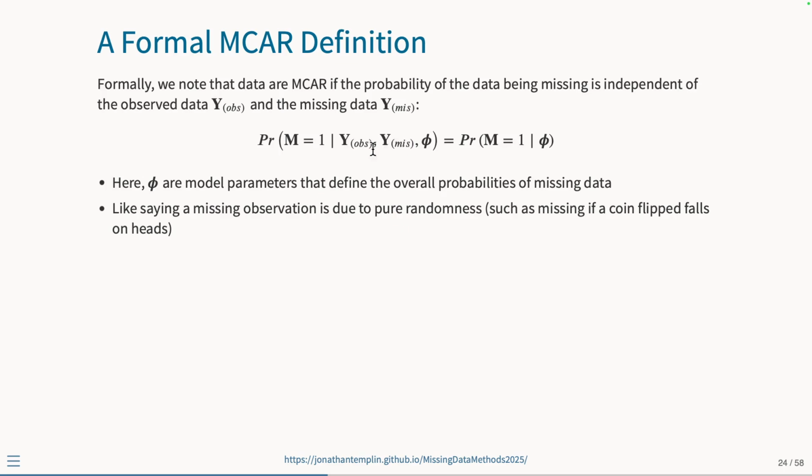Or another way of putting it, we could say they're not involved in prediction at all. The only thing that determines whether someone's missing are the parameters, and in that case, it'd be like an intercept, right? The intercept in a logistic regression roughly describes the log odds of the probability that somebody is missing. That's the only thing that does it.